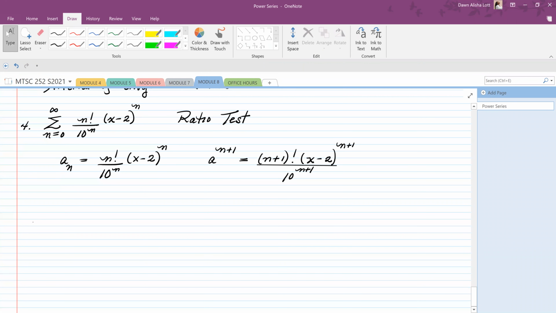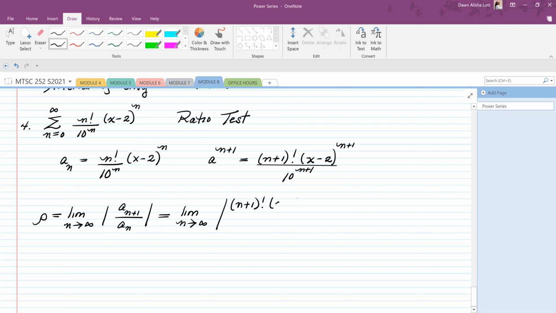So rho is equal to the limit as n approaches infinity of the absolute value of a_{n+1} over a_n, which is the limit as n approaches infinity of n plus 1 factorial times x minus 2 to the n plus 1 all over 10 to the n plus 1.